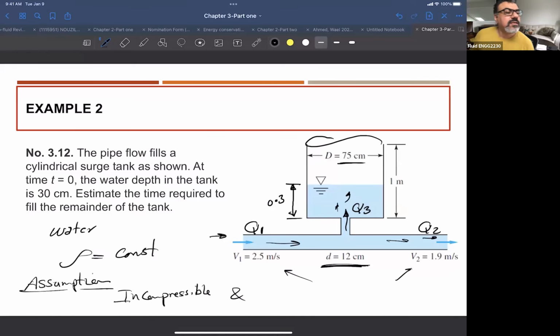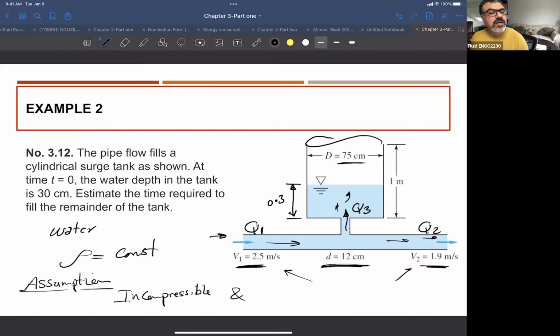Can I make a steady state assumption here? Anyone? Why? Excellent, Desmond. There is no velocity change with time here. The velocity here is 1.9, the velocity here is 2.5.